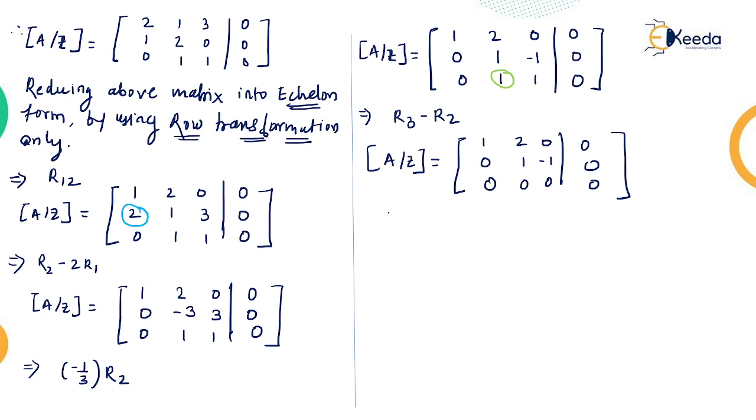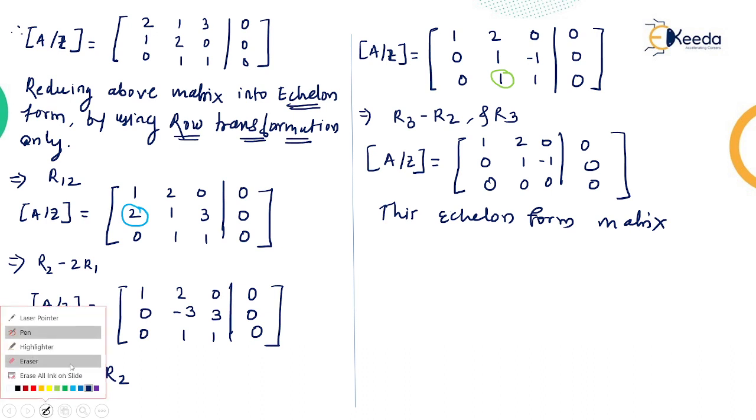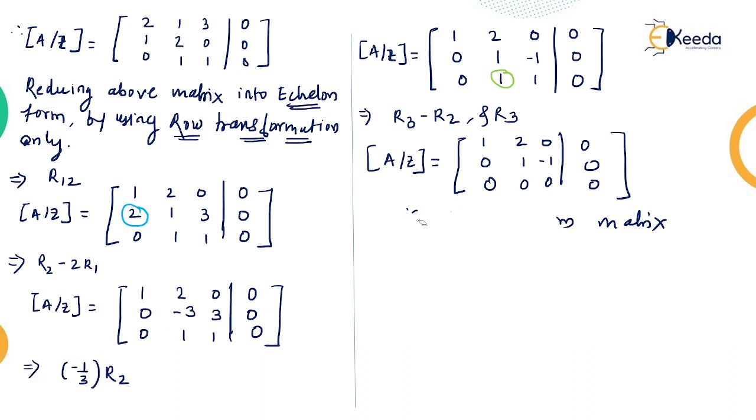Now this is the echelon form of the matrix, guys. After reducing to echelon form, you have to compare the rank. There is some correction needed for R3.